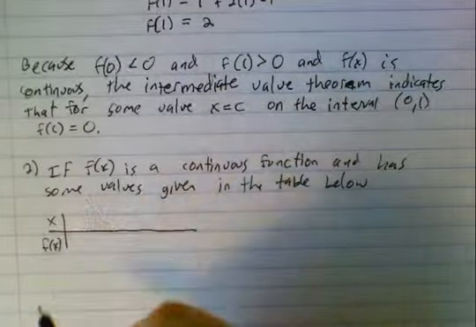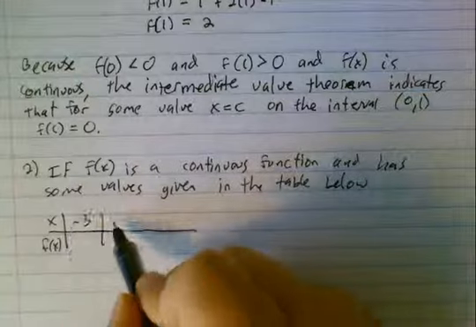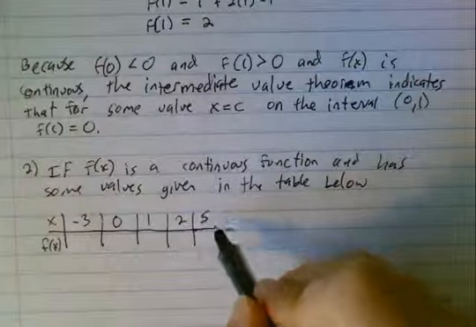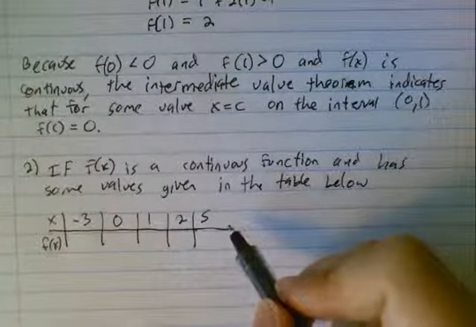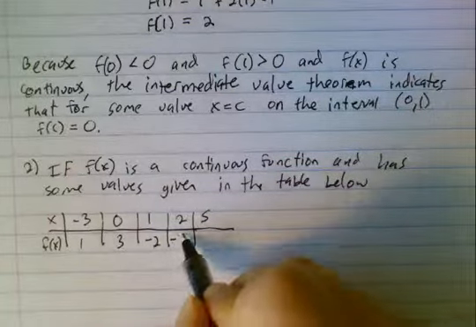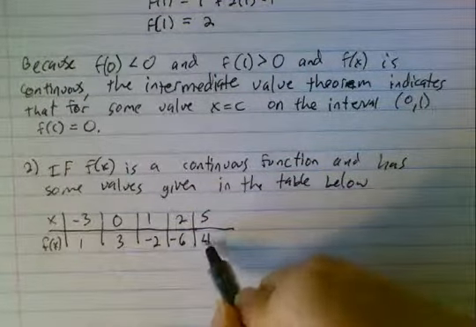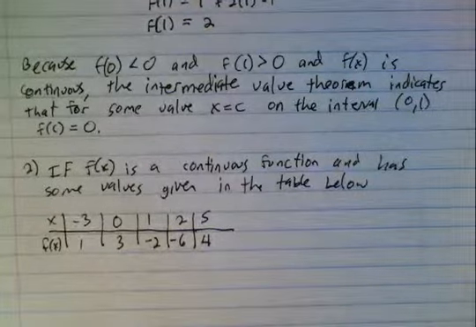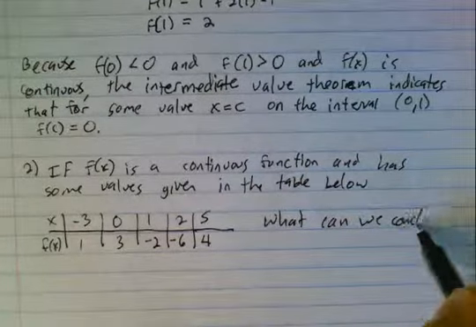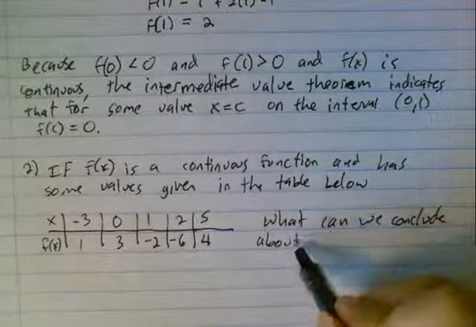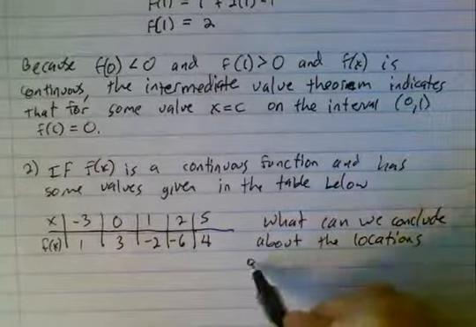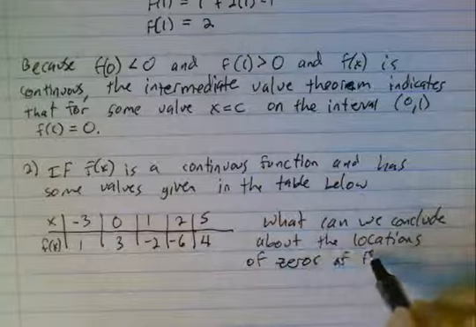Here's x, here's f of x: x is -3, 0, 1, 2, 5, and f of x is 1, 3, -2, -6, and 4. What can we conclude about the locations of zeros of f of x?